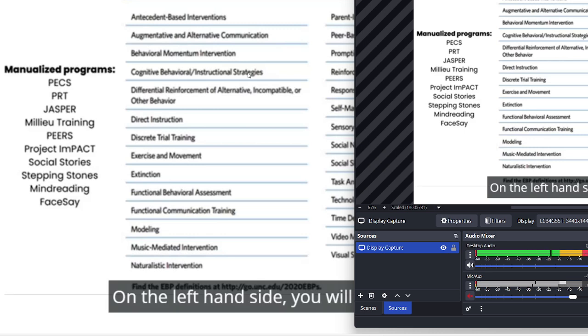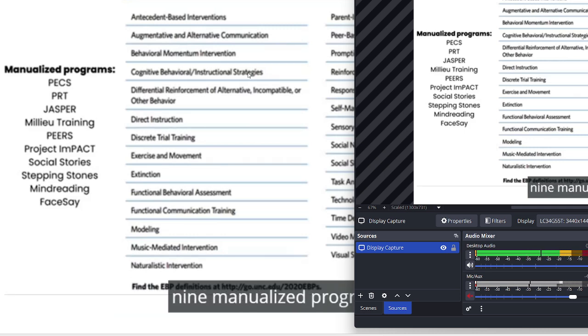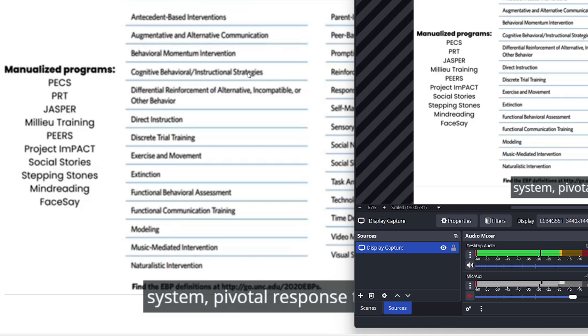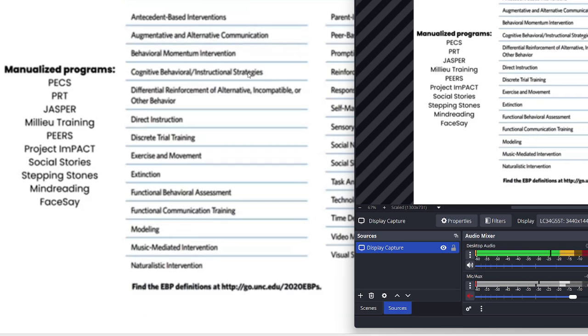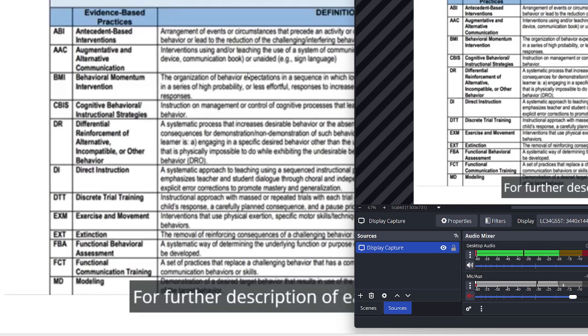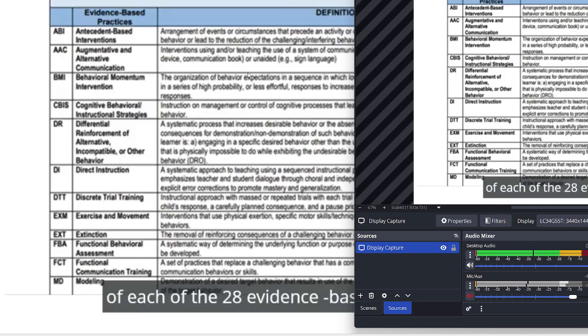On the left-hand side, you will also see the 9 manualized programs, including Picture Exchange Communication System, Pivotal Response Training, and more. For further description of each of the practices, the National Clearinghouse offers this matrix that includes a basic definition of each of the 28 evidence-based practices.